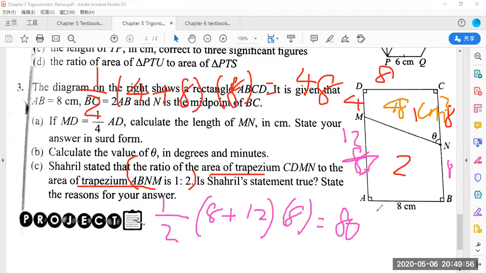The ratio is 3:5, right? This one is B. So it's wrong for this one. Right, 3:5. So 1:2 is wrong.